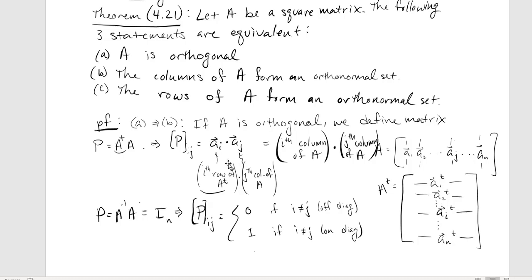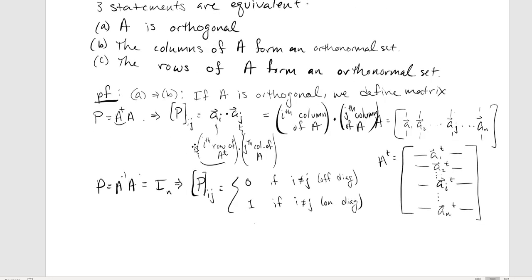We'll just compare these definitions for the ijth components. Pij is this dot product of the ith column of A with the jth column of A. But Pij is also equal to 0 in the case where i and j are unequal, and equal to 1 if i and j are the same.